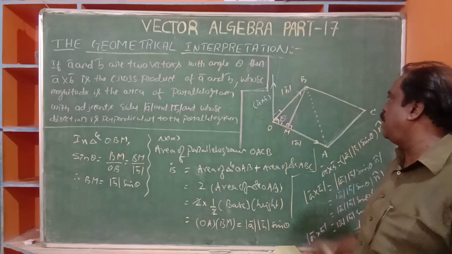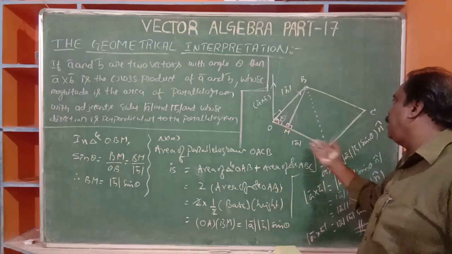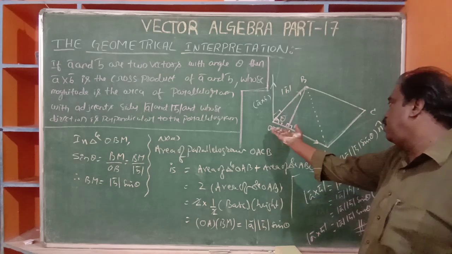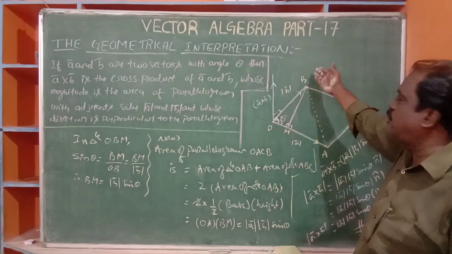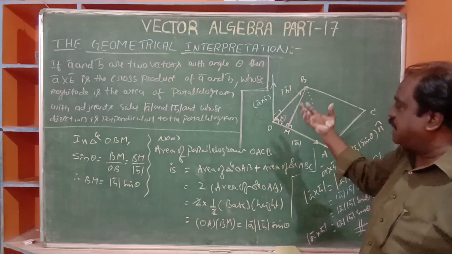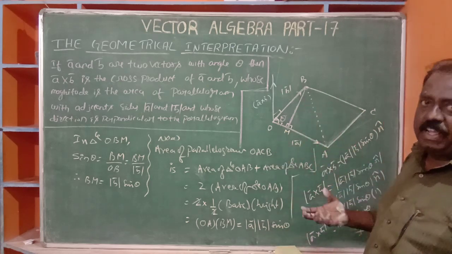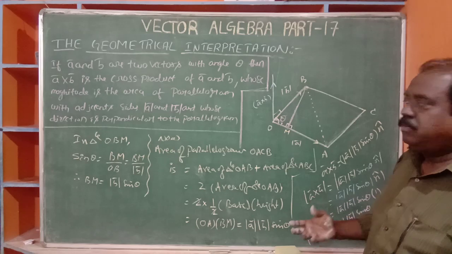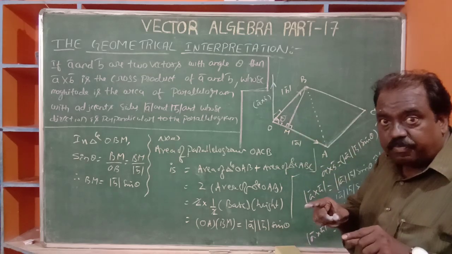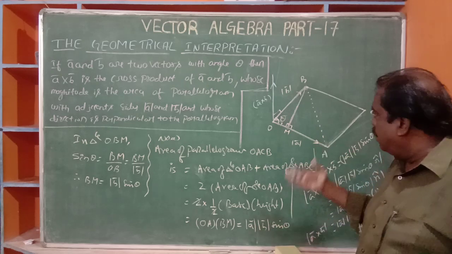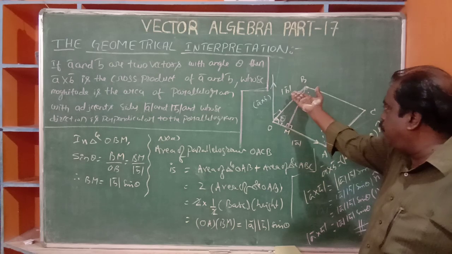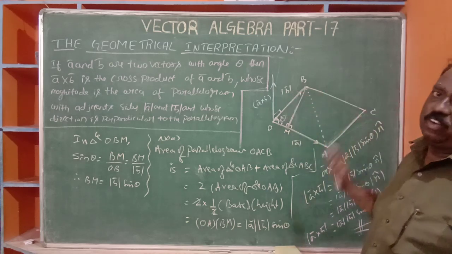That 36 square units could be 9 into 4, or 6 into 6. That vector obtained, A bar cross B bar, is perpendicular to the plane of A bar and B bar, whose magnitude is the area of the parallelogram with those magnitudes of vectors.